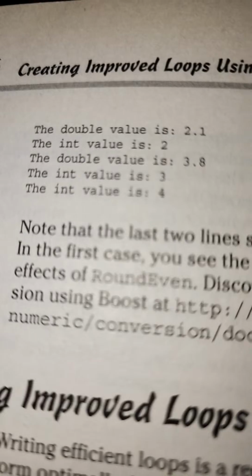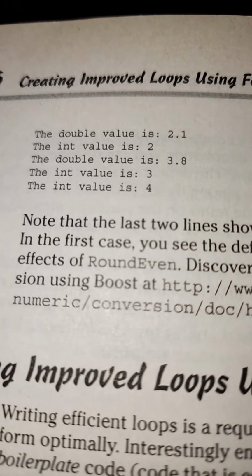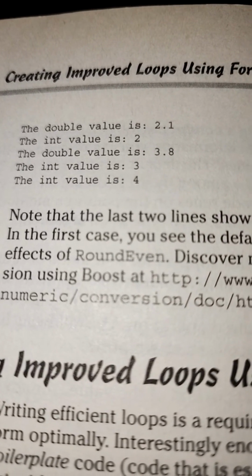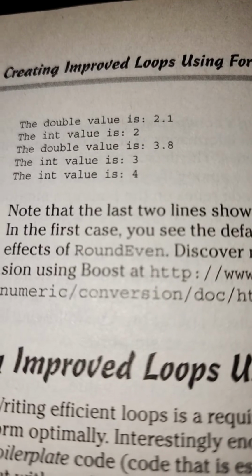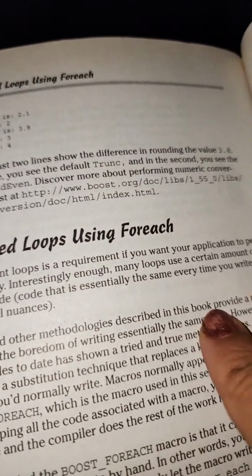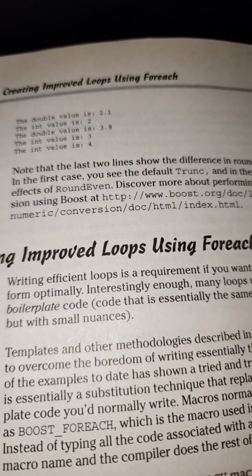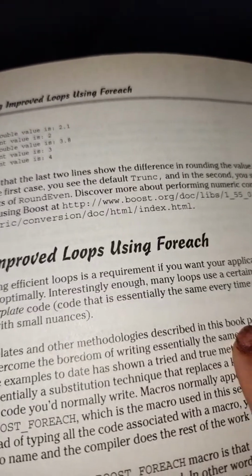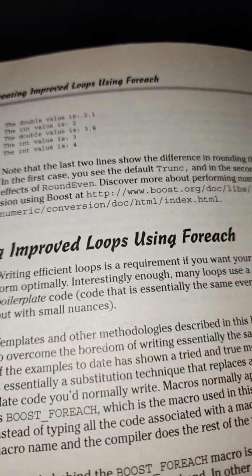The double value is 2.1, the int value is 2, the double value is 3.8, the int value is 3, the int value is 4. Note that the last two lines show the difference in rounding. The value 3.8 in the first case, you see the default trunc, and in the second, you see the effects of round even.